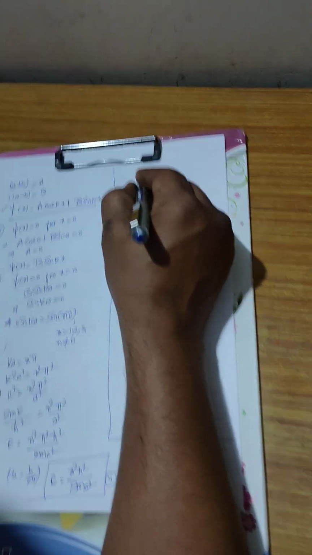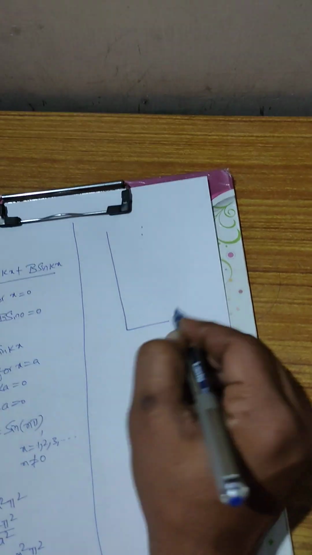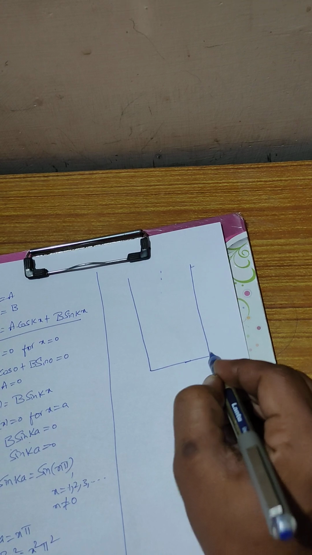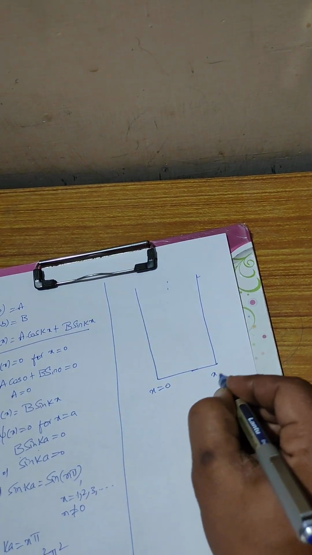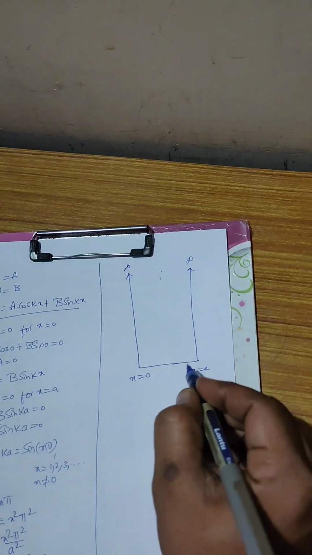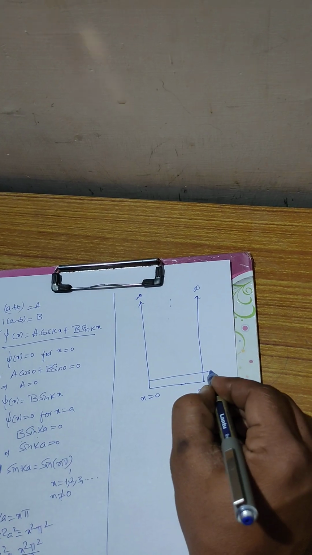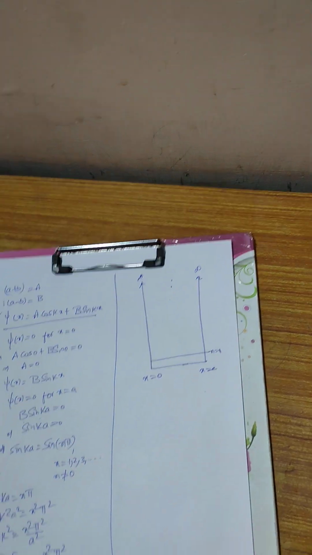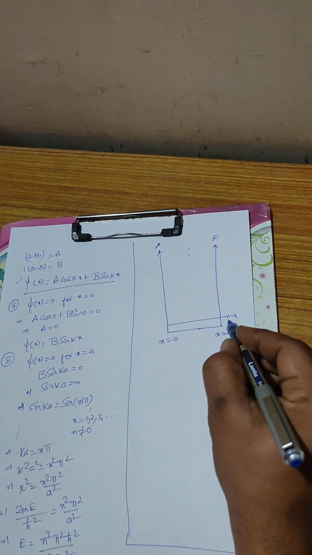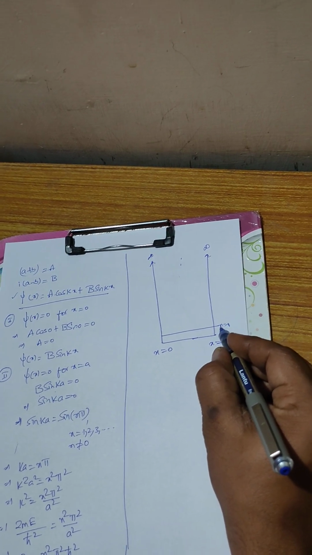Now if you represent the energy level diagram of the electron in the potential well, x equal to 0 and x equal to a are the boundaries of the well where the potential is infinite. If you take n equal to 1, the principal quantum number represents the ground state.